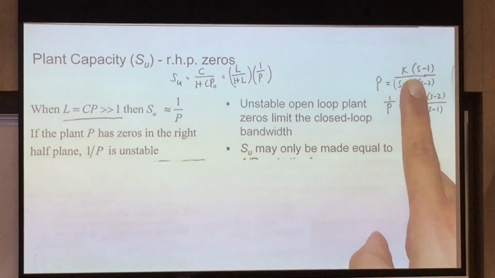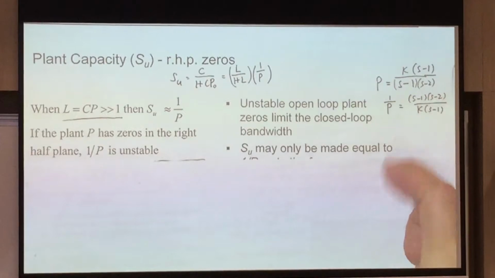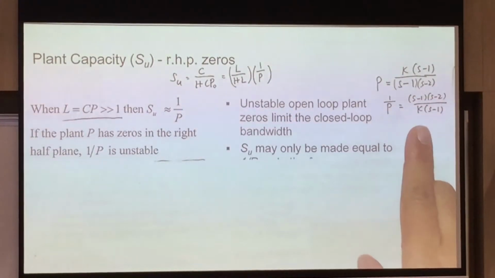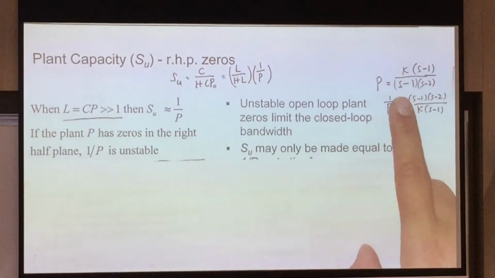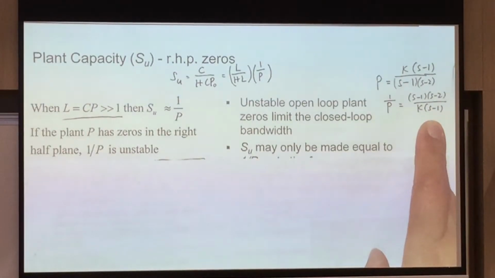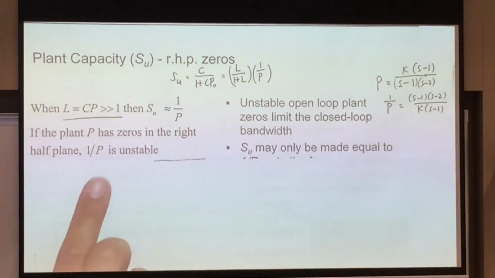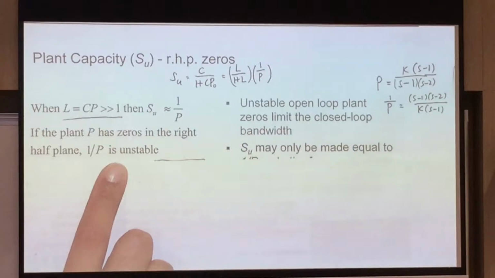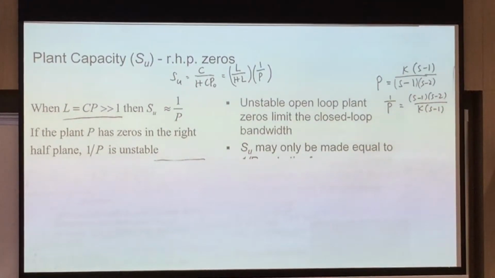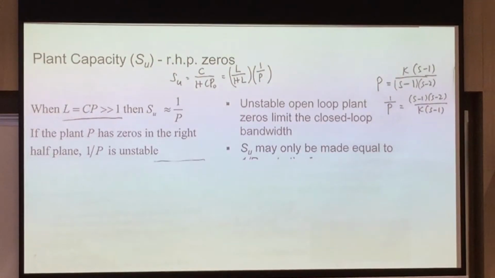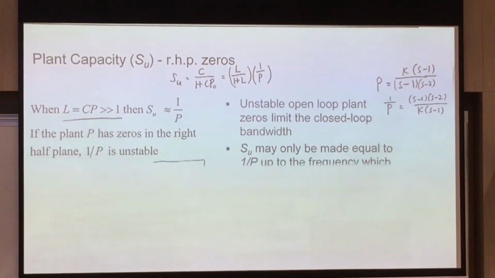If P is K times (s plus 1) over (s plus 1)(s plus 2)(s minus 1)(s minus 2), then in 1 over P you can see that the unstable zeros are now unstable poles. Basically, unstable zeros in P are now unstable poles in 1 over P.